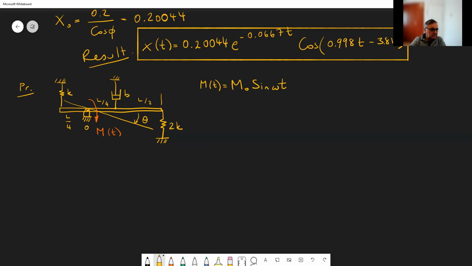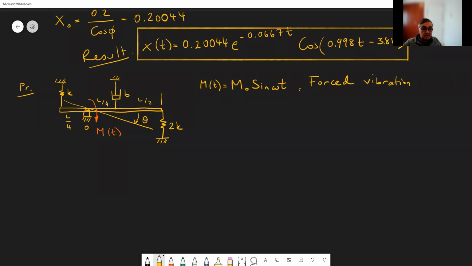So it is forced vibration, but forced vibration with harmonic forcing, because sine omega t is harmonic, okay?